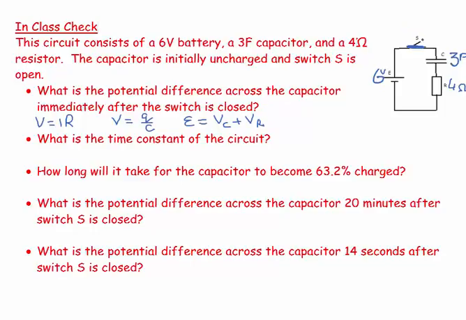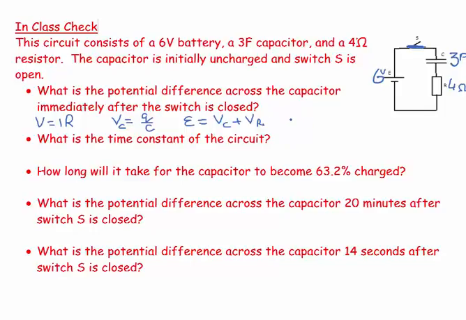And I can see that immediately after I close the switch, I've not had time to have any charge added to the capacitor. So the voltage across the capacitor equals 0. And I can see that the two potential differences have to add up to 6. If I have a total of 6 and VC equals 0 because there's no charge on the capacitor, that means that all of the 6 volts must be across the resistor.